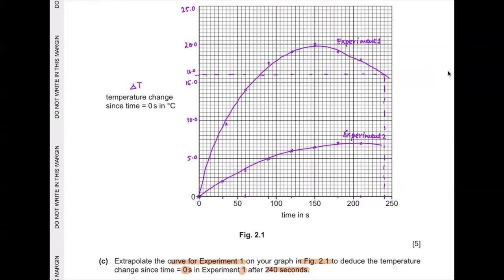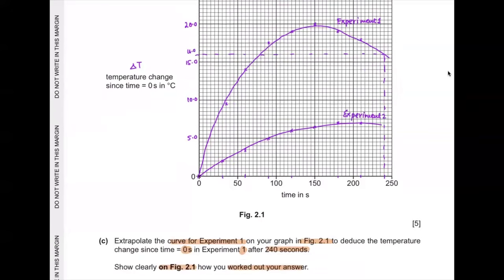So you extend that curve to the maximum and then look at point 240. So we can see that in experiment 1, the temperature changes by 20. So much energy has been released in experiment 1. Miral, is your confusion cleared? Did you understand that or not?